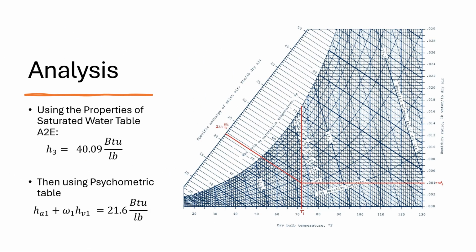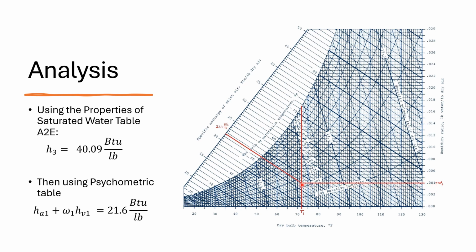So we need to find some values in order to solve for the temperature using the equation at the bottom of the previous slide. The first one is h3, the enthalpy at state 3, and this is just a simple table lookup in A-2E with the temperature. Then we use a psychrometric chart. We know omega 1 is 0.004, so we draw a straight horizontal line.